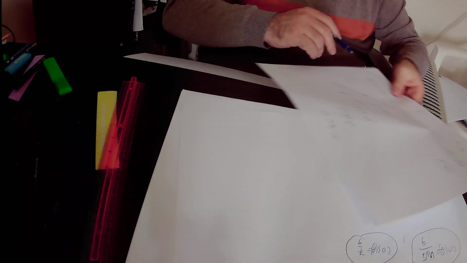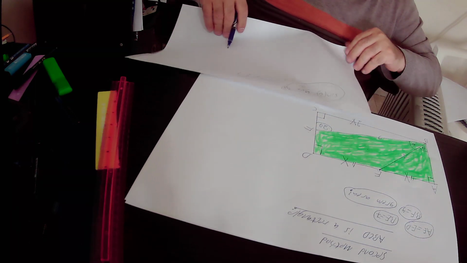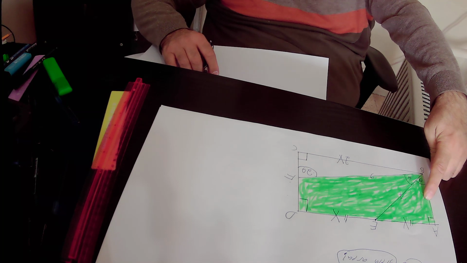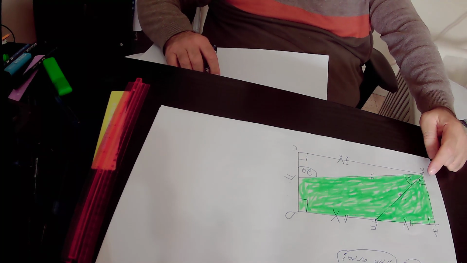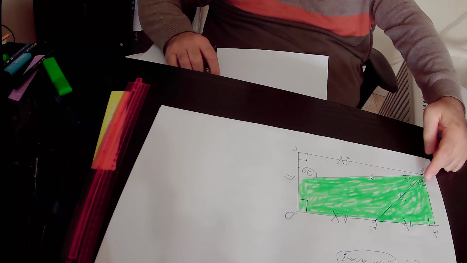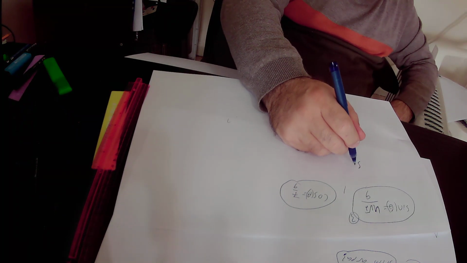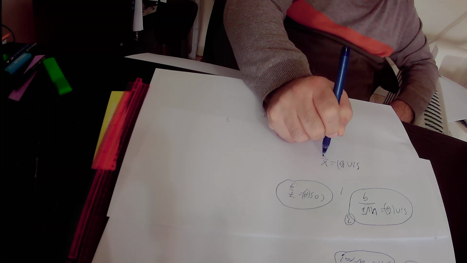So you can see in the right triangle ABE, the green right triangle, sine theta equals x over 7.